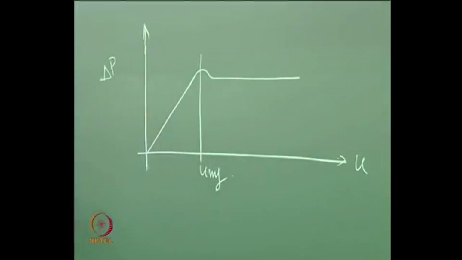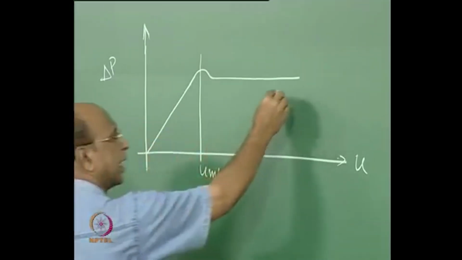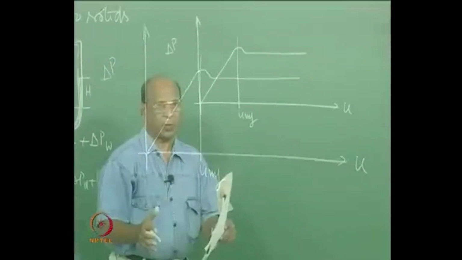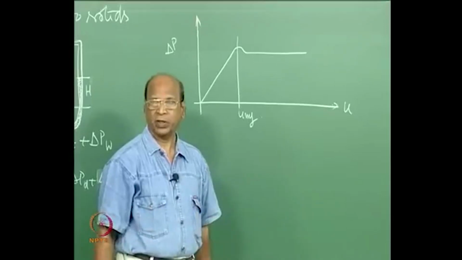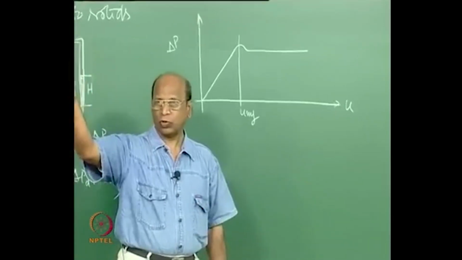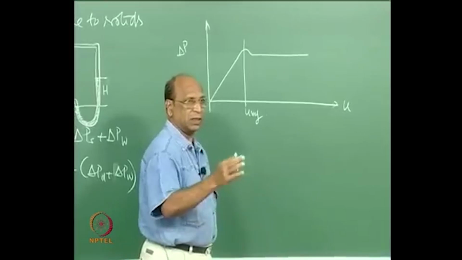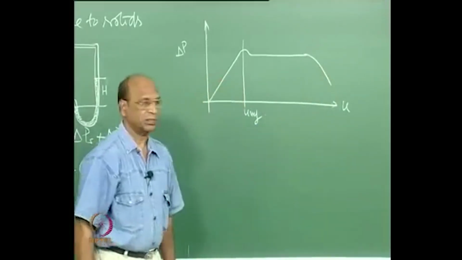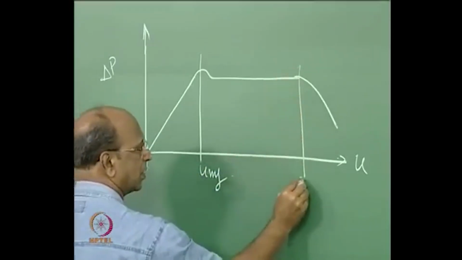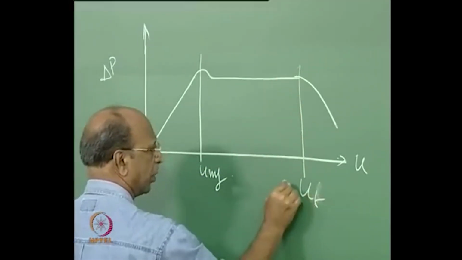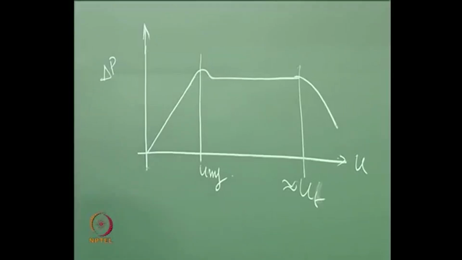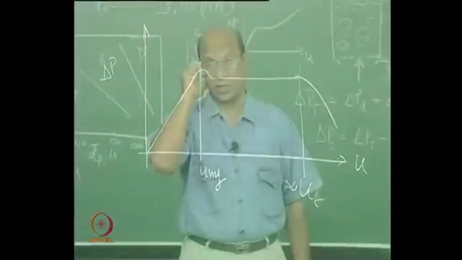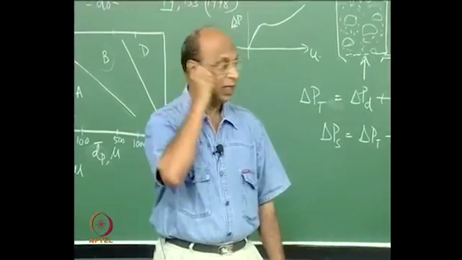If you go much beyond this, where terminal velocities come, it is pressure drop only we are plotting, then what will happen? Solids will go out, okay. Yeah, then you will get something like this. So, actually this is maybe approximately u t, because solids will go out of the system, that means total pressure drop is less, right. Yeah. So, this will happen.